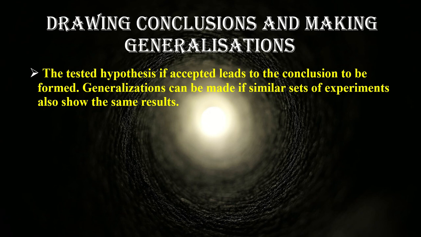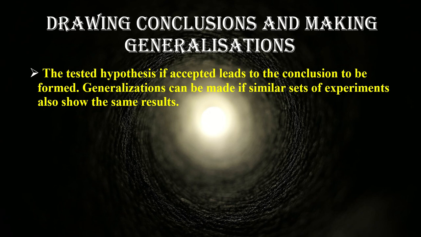In this example, we already said that the experiments were conducted at low temperature and varying pressure. So the effect of varying pressure on boiling point of water can be found out by conducting experiments. From these conditions, one can generalize that pressure has direct influence or direct effect on the boiling point of water.